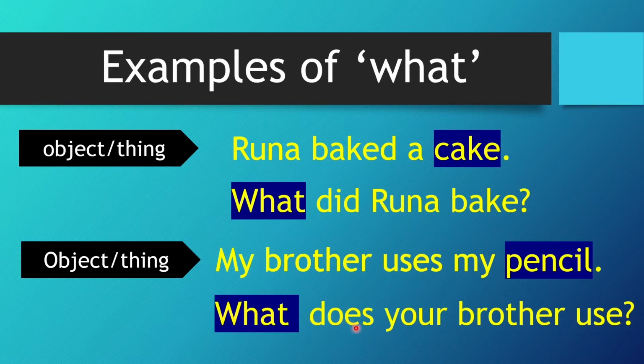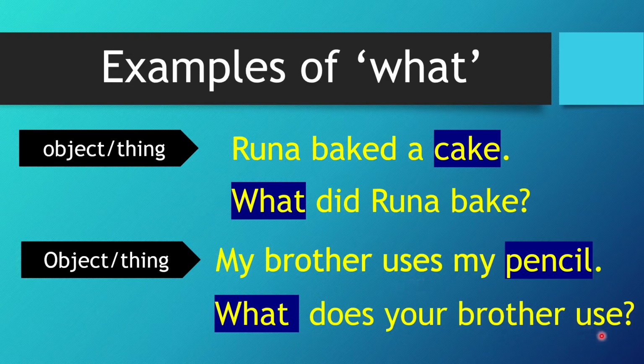Afterward, there will be present form of the auxiliary verb because the given sentence written is present tense. Uses. And my brother, this is third person singular. When it is third person singular, your present auxiliary verb becomes does. What does? My brother. My brother will become your brother. What does your brother? Uses.